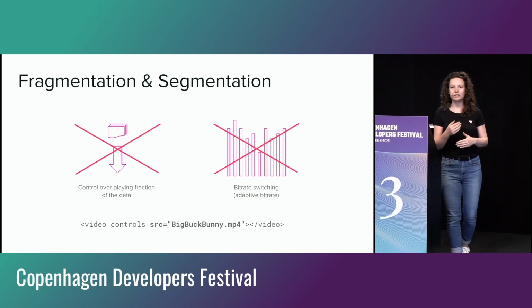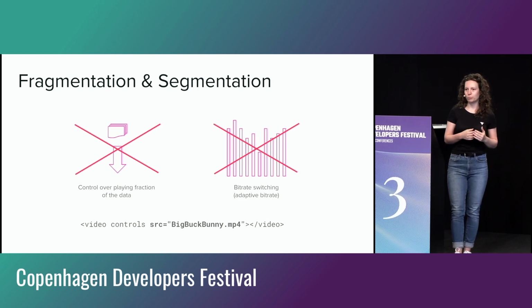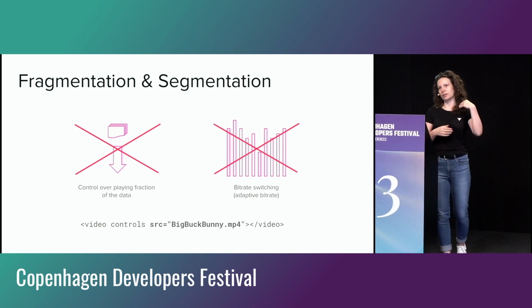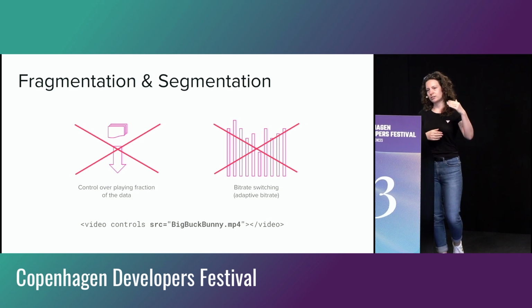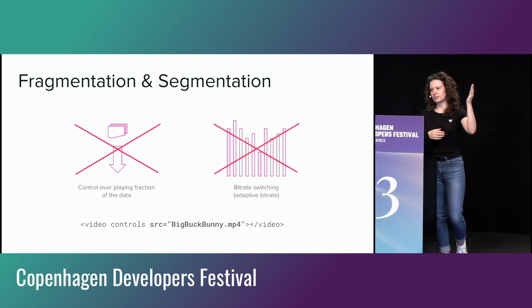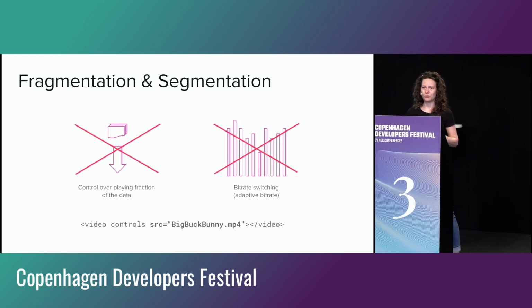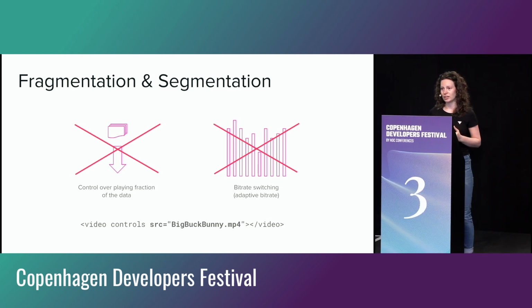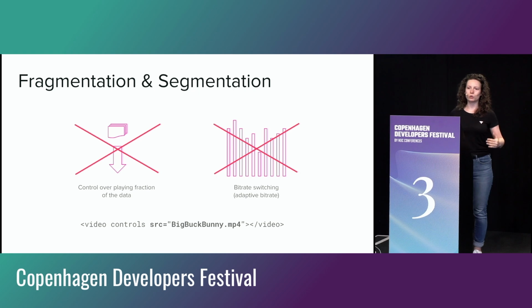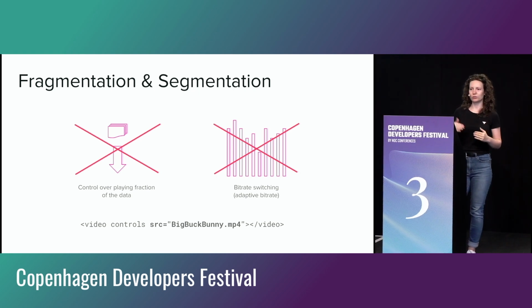While current HTML media elements support that by making range requests to CDNs and servers, it may be that the CDN or the server might not even support it. So in this case, the browser will try to download the entire file prior to playback.